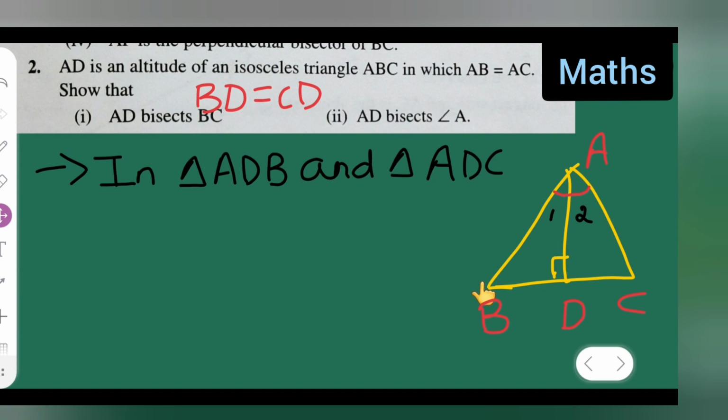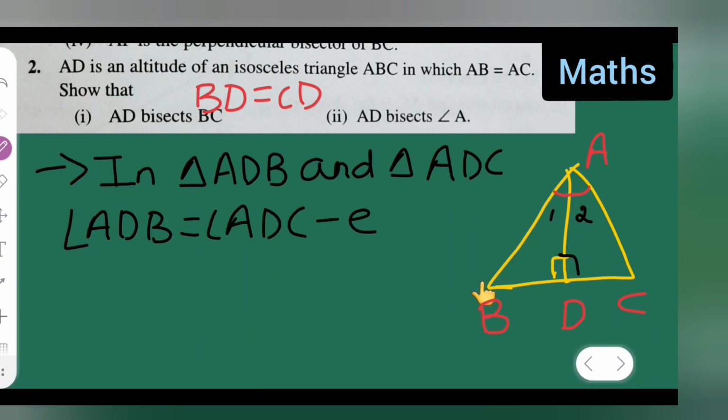Here also it is 90 degrees, right? So you will say that angle ADB is equal to angle ADC, each 90 degrees. Okay, this first part is clear.